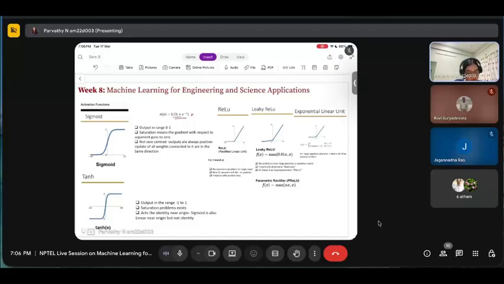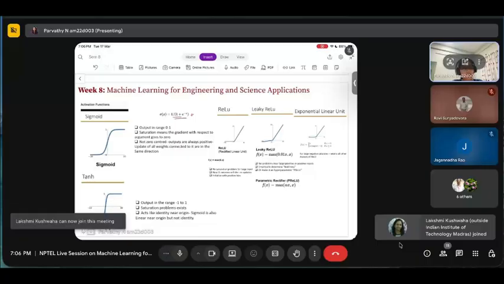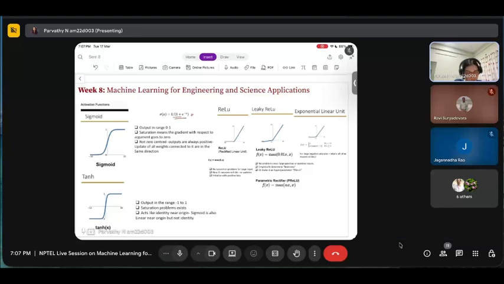So the activation function takes the input that it receives, that is the sigma wi xi, and maps it to or transforms it to a specific output. Now, there are different ways of transforming it, and some examples of those functions are sigmoid, tanh, ReLU, leaky ReLU, exponential linear unit, etc.